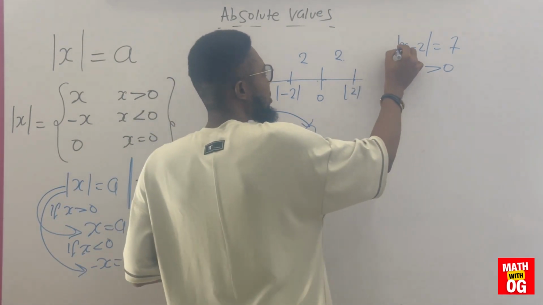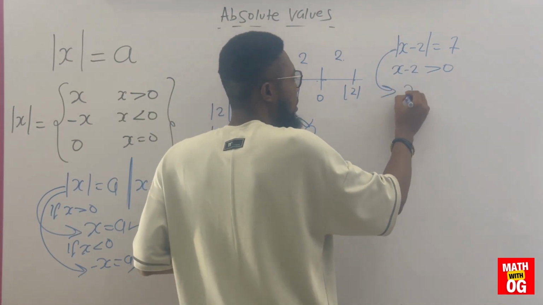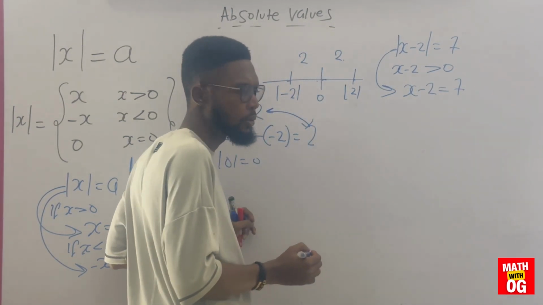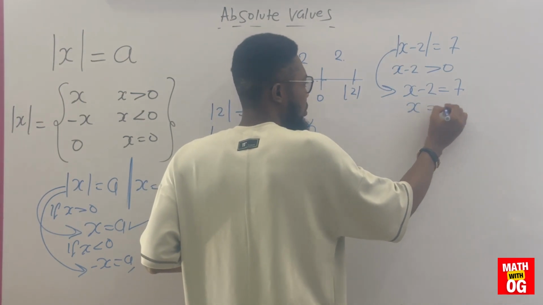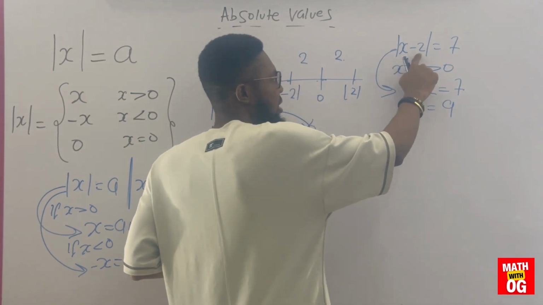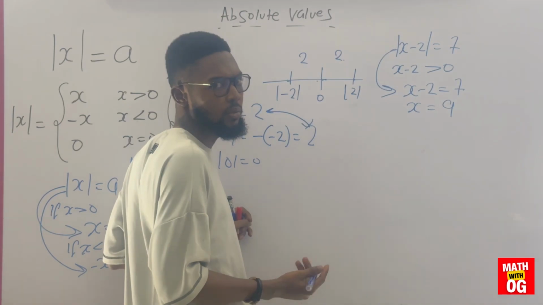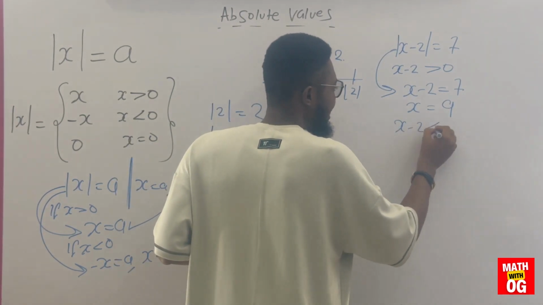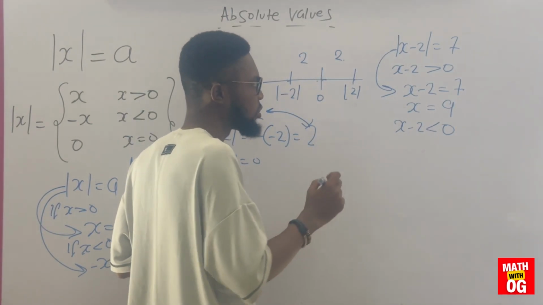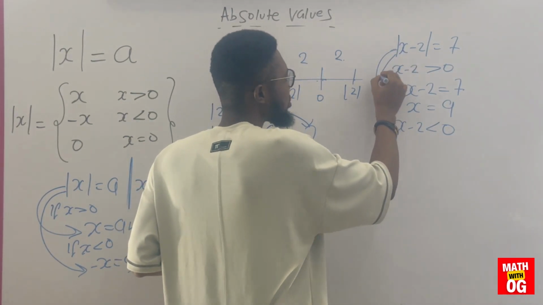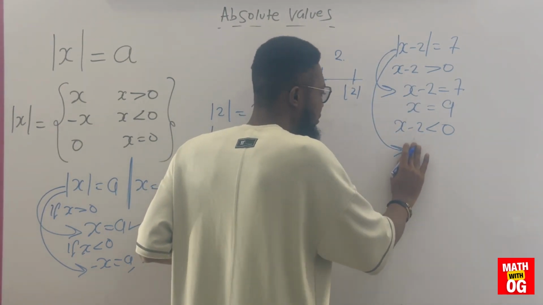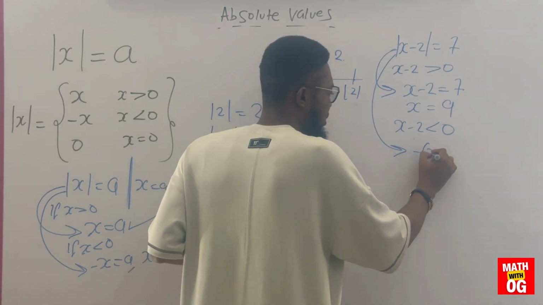So in that case, the absolute value of x minus 2 will remain x minus 2, and this will be equal to 7. So in this case, x is equal to 9. So you can put that here. 9 minus 2 is equal to 7. Very correct. Now, if x minus 2 is less than 0, the absolute value of x minus 2 will now be negative (x minus 2).